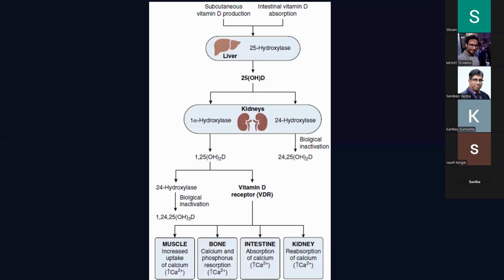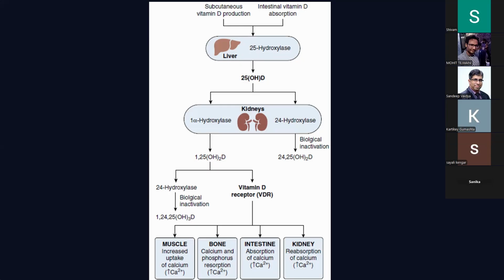First of all, in order to understand rickets, we need to understand vitamin D metabolism. As we all know, vitamin D, primarily cholecalciferol, is synthesized in the skin, or it can be ingested in a precursor form via meals.